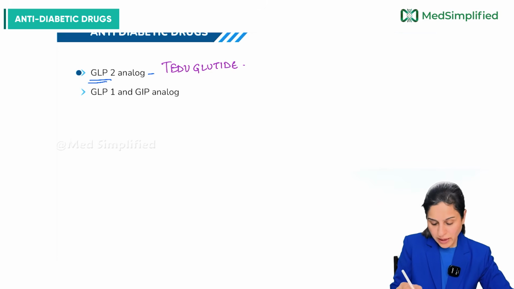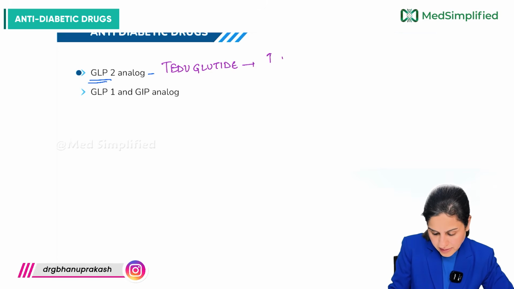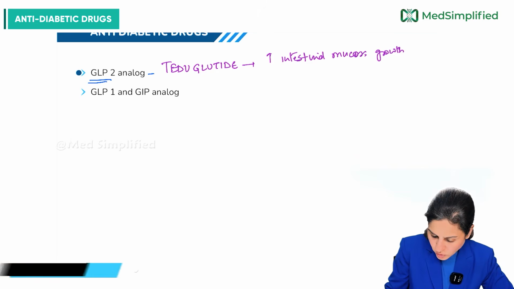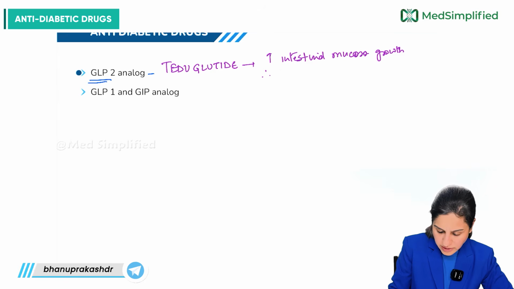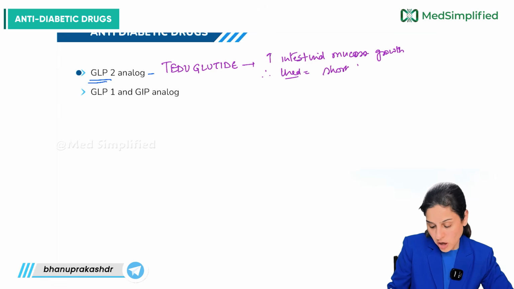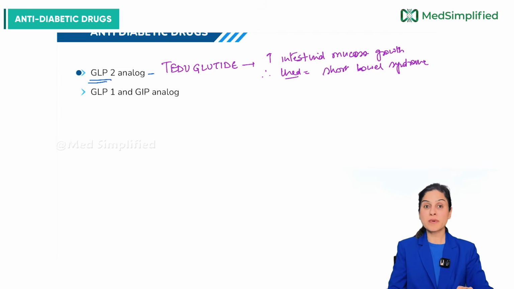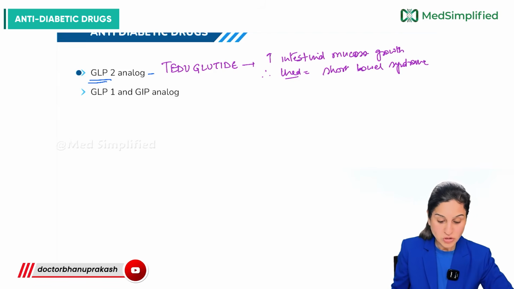This is a GLP-2 analog and it increases intestinal mucosa growth. Therefore, it is used for short bowel syndrome. It is not used as an anti-diabetic. It is used for short bowel syndrome. So remember this about teduglutide.